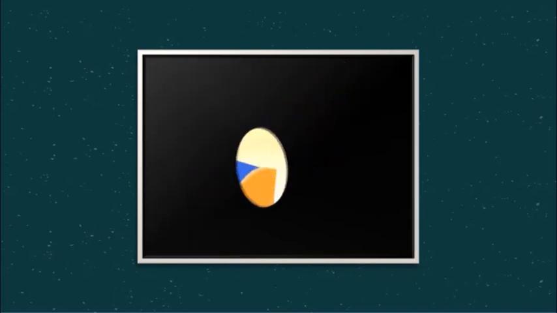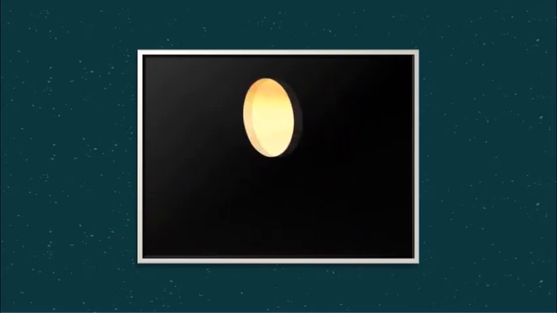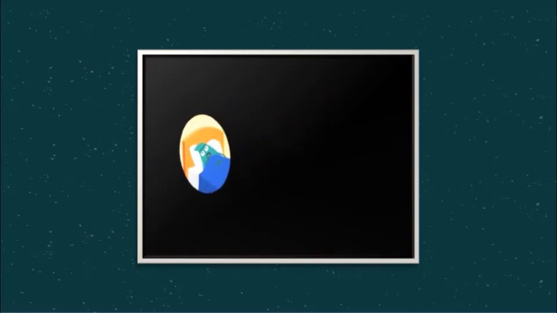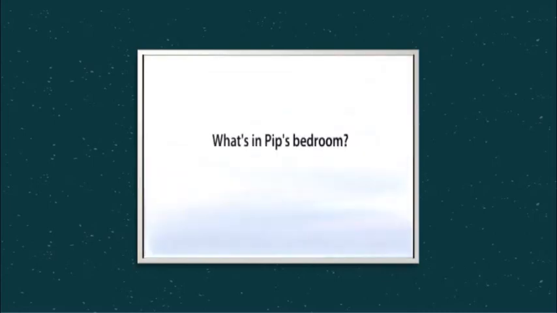What is in Pip's bedroom? There's a bed. There are some books. There isn't a chair. There aren't any posters. What's in Pip's bedroom? There is a bed.